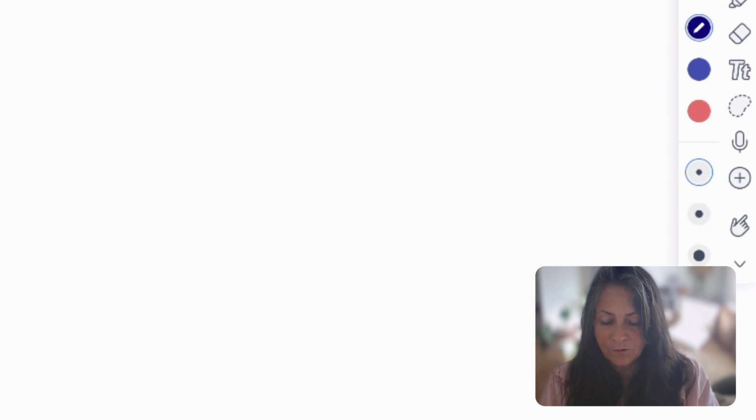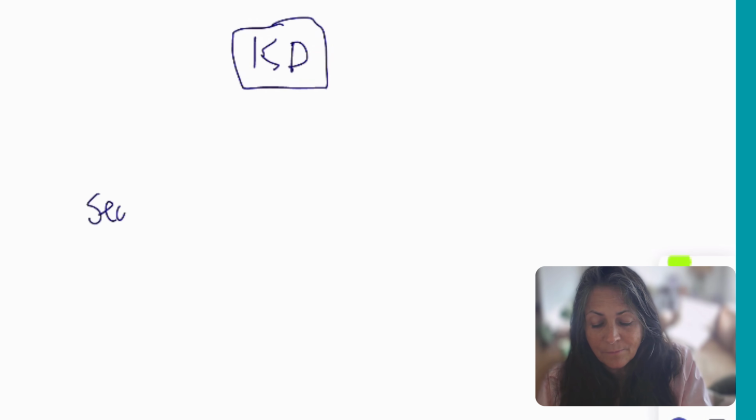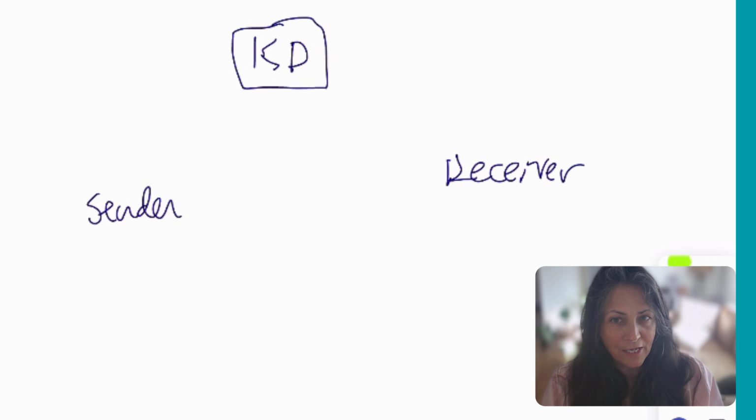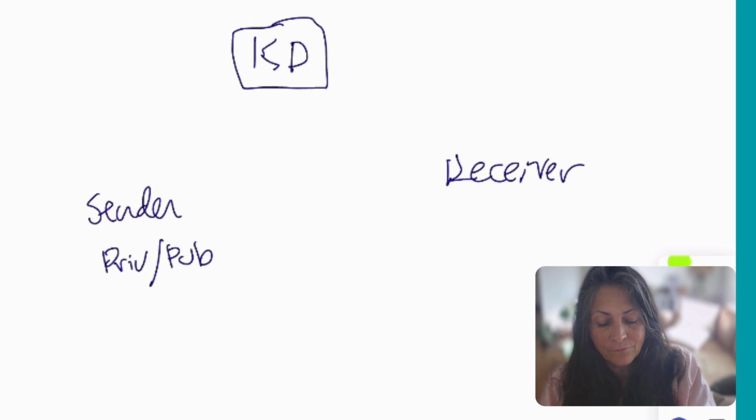All right, so let's go to BKDS. Again, KD is we're deriving keys. You have a sender and you have a receiver, and it could be a simple payment. It could be lots of other things, and I'll get to that too. You have two parties, so each party has a private public key pair.